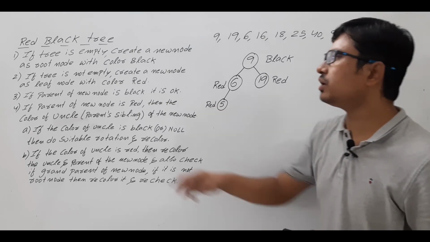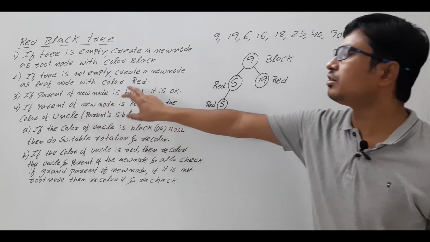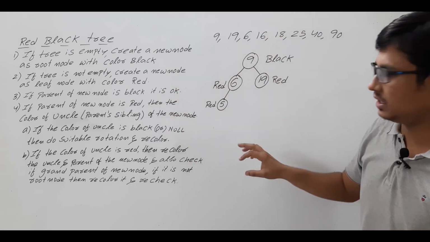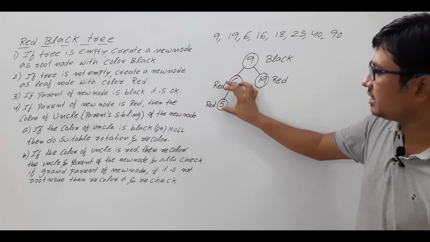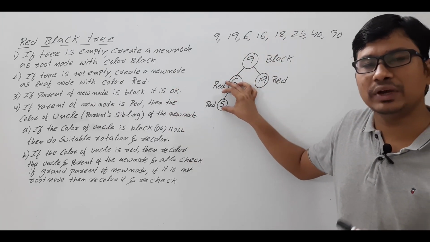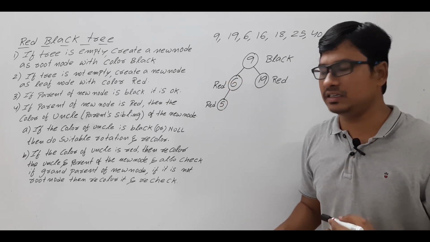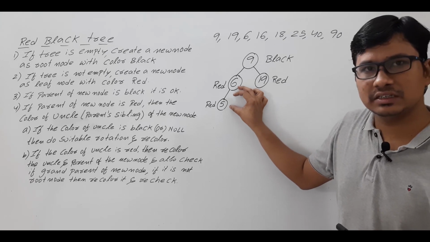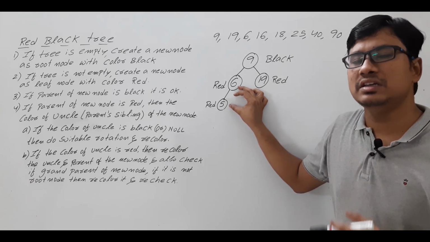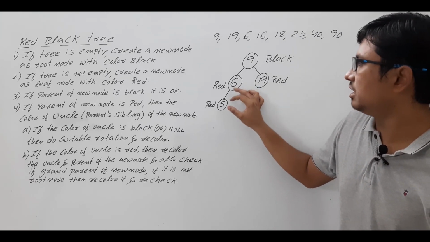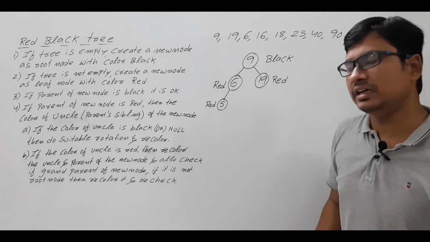Now the third point says, if the parent of the new node is black, it is okay. If it is not black, then it is a red conflict. Why is it a red conflict? There is one rule in the red black tree that no two adjacent elements should have the same red color. Is it clear? These two are having the red color.